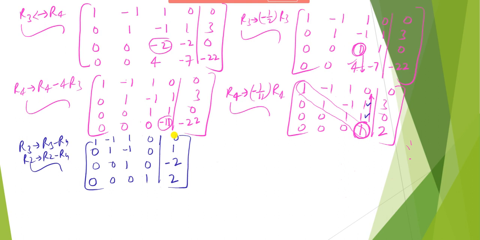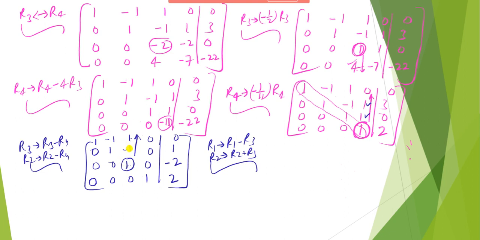Now again search for the key element in the third row and third column. So this is the key element, and with the help of this key element make the non-zero entries above it 0 by performing row elementary operations. So the elementary operations are: if we perform R1 minus R3, then 1 minus 1 is 0, and perform R2 plus R3, that is minus 1 plus 1 becomes 0.